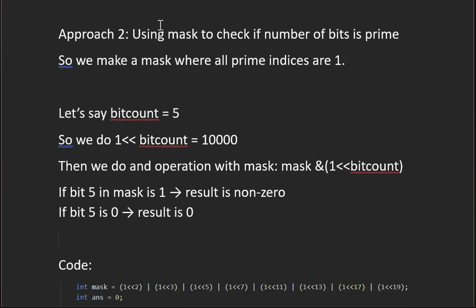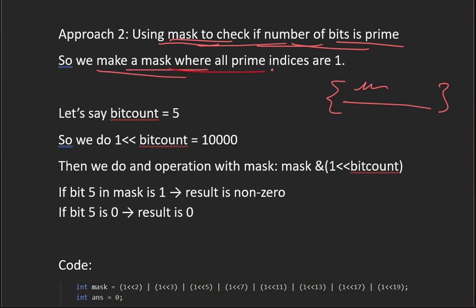Let's see approach 2 for solving the question. We can use a mask to check if the number of bits is prime. Earlier we were storing prime numbers in an unordered set, and then checking whether the number of bits is prime using that set. But here we make a mask where all prime indexes are 1.